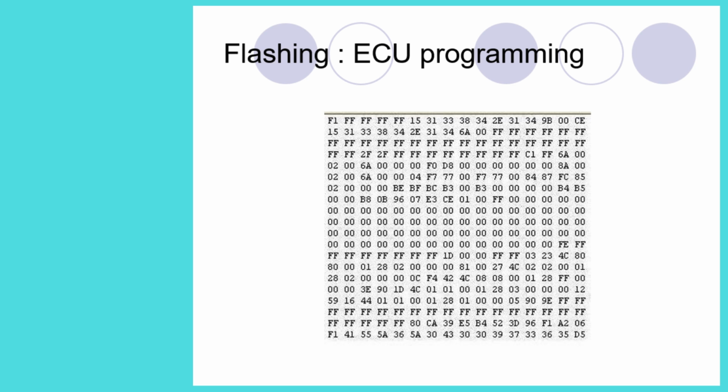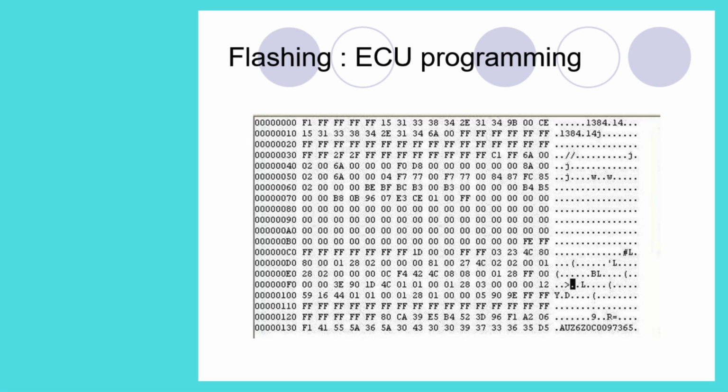This is an example of the hexadecimal code within a control unit that represents the data within it. This is the same hex code with some line numbers added and some converted to ASCII. You can see some data that looks like a VIN number.